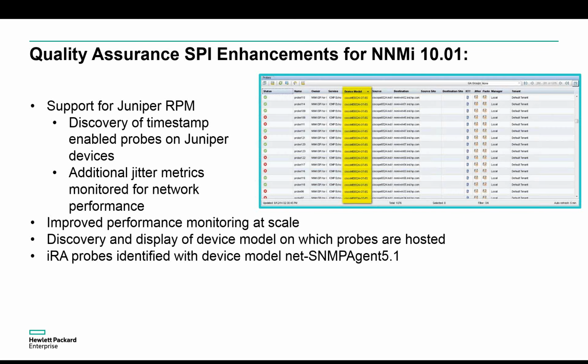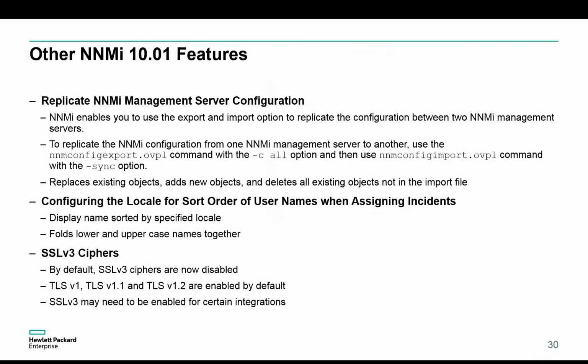Other features that we introduced in 10.01, the ability to replicate server configuration through a configuration export and import tool, the ability to use the locale then for the sort order of usernames when we're assigning incidents, and some security work that we introduced in 10.01 around the ciphers that we're using to secure communications channels.